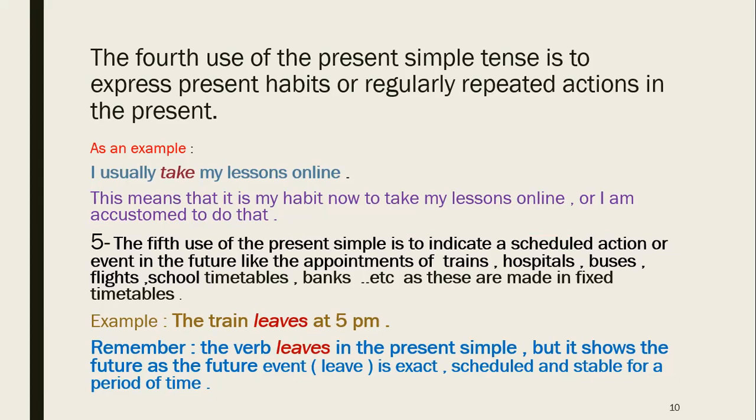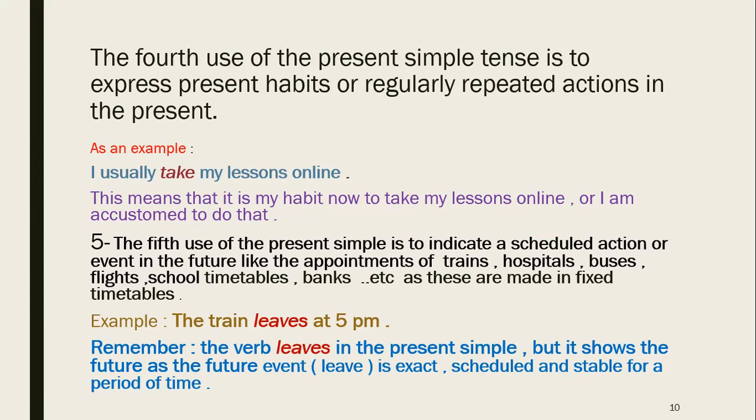If I say, for example, the train leaves at 5 o'clock. Suppose, for example, now it's 1 p.m. The train will leave at 5 p.m. So what do we say? The train leaves. The verb leave here is in the present simple with final S. We use the present simple to express the future. The action hasn't started yet. Yes. Why? Because this is a schedule.